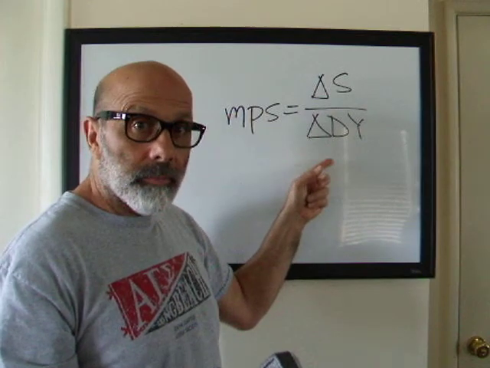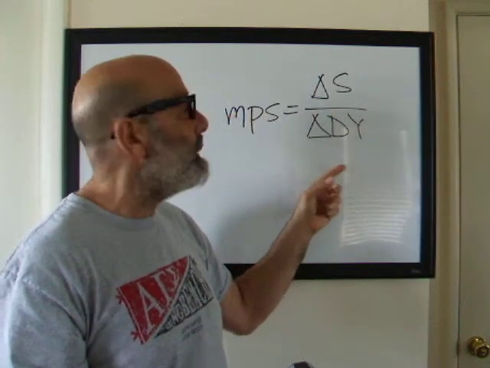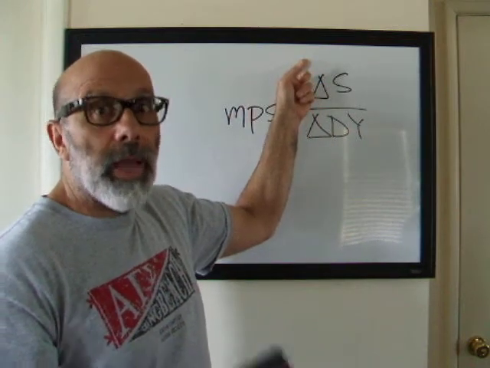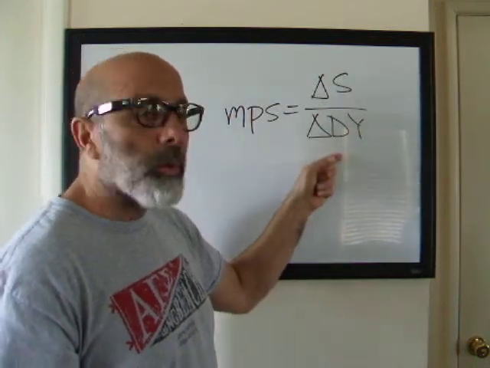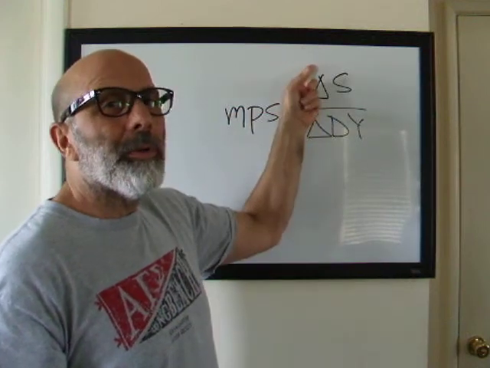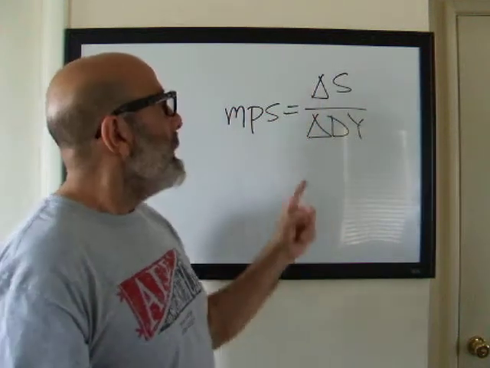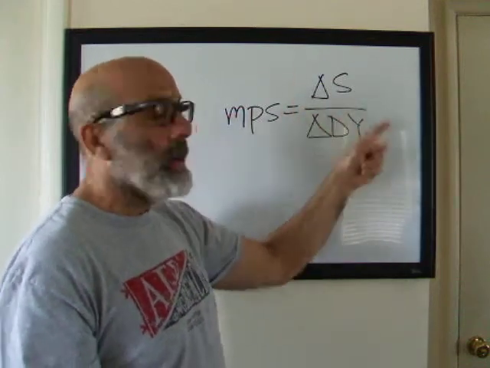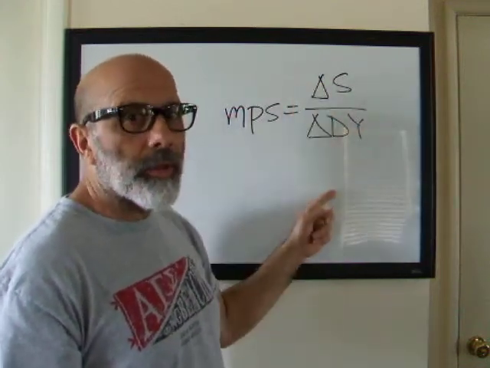Changes to opportunities for disposable income. So as our disposable income goes up, we're probably going to have opportunity to save more. When our disposable income goes down, we're going to have opportunity to save less. So again here, this denominator is going to be bigger than the numerator. You're never going to save more than your take-home pay.